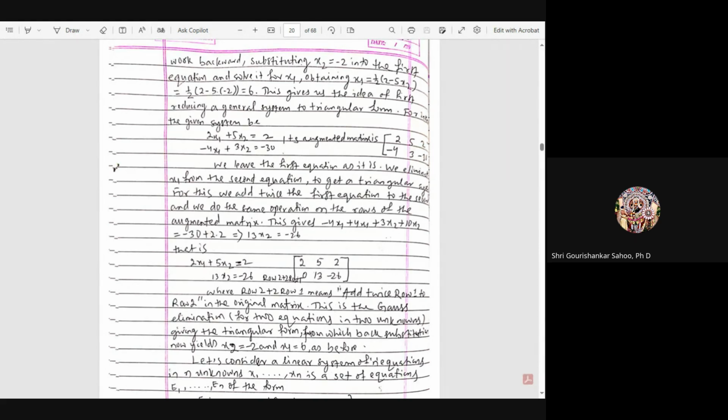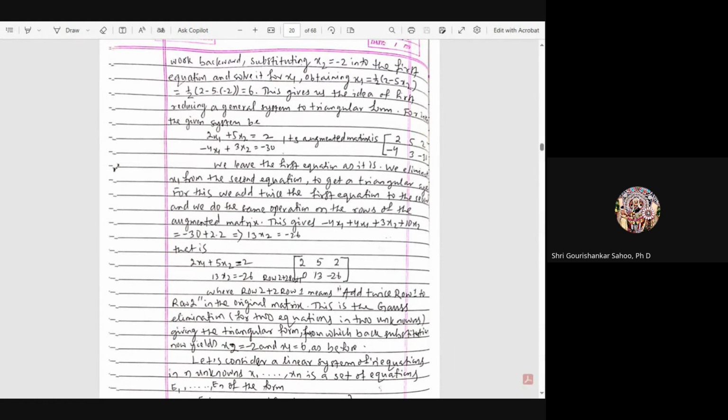So let us have another equation which is not in a triangular form. So 2x1 plus 5x2 is equal to 2 and minus 4x1 plus 3x2 is equal to minus 30. And your augmented matrix A will be 2, 5, 2, minus 4, 3, minus 30.